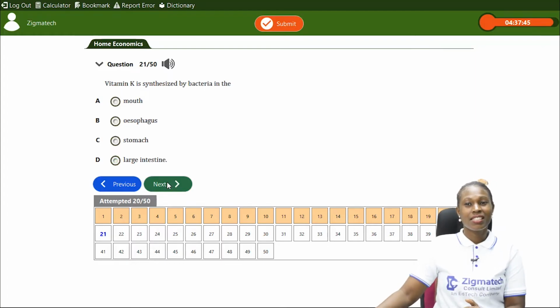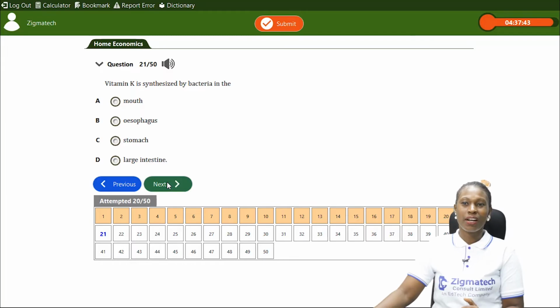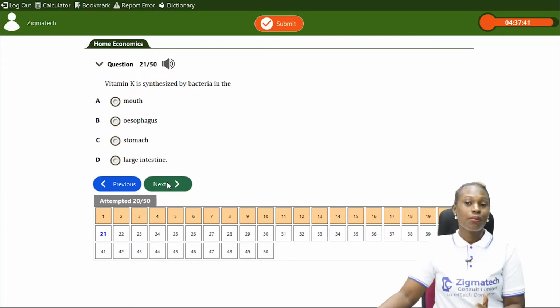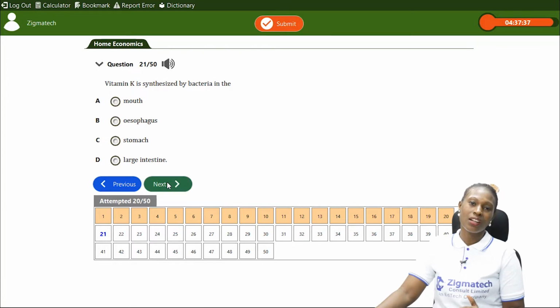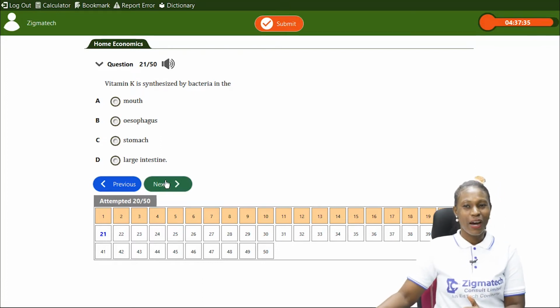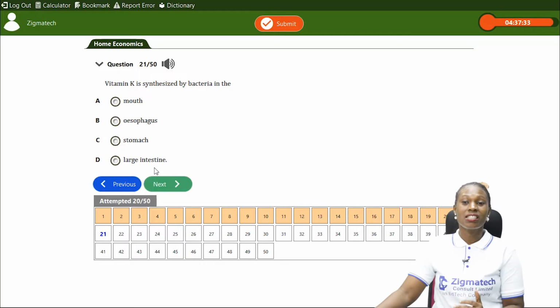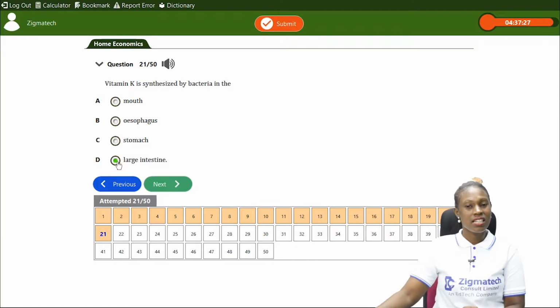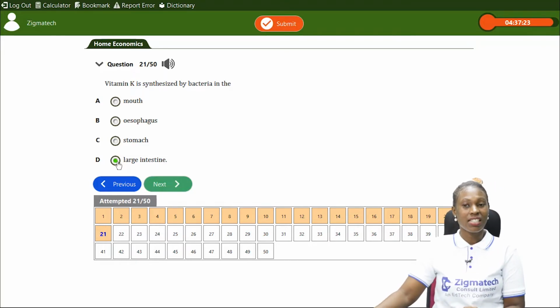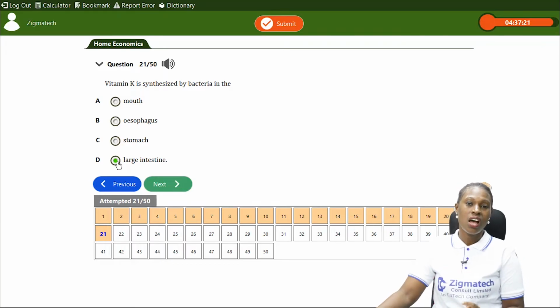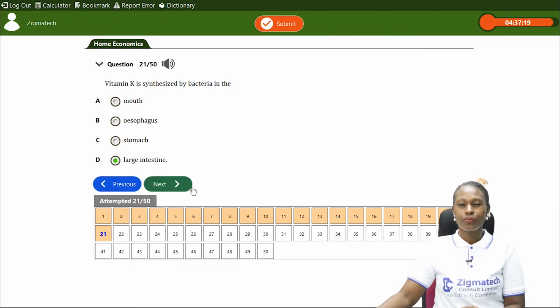Now, vitamin K is synthesized by bacteria in the mouth, the esophagus, the stomach, or the large intestine? Now, vitamin K is synthesized by bacteria in the large intestine. That is the correct answer. The large intestine. That's where vitamin K is synthesized.